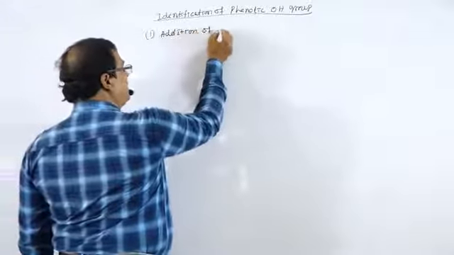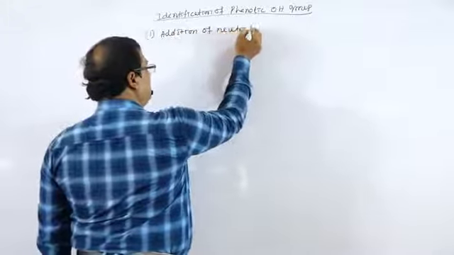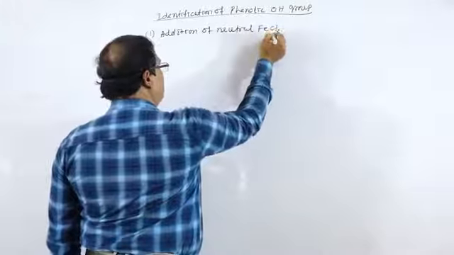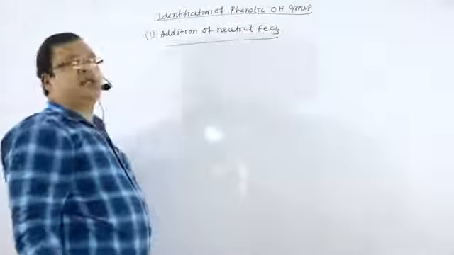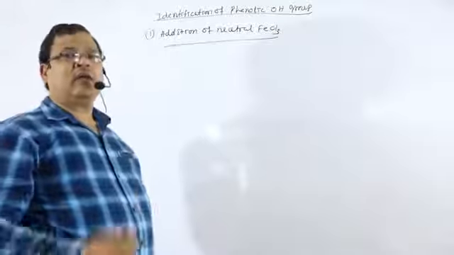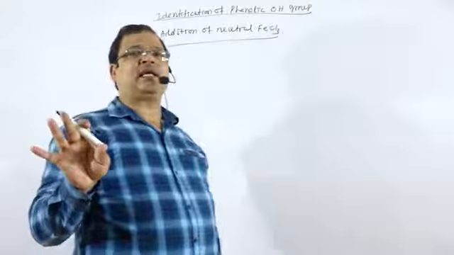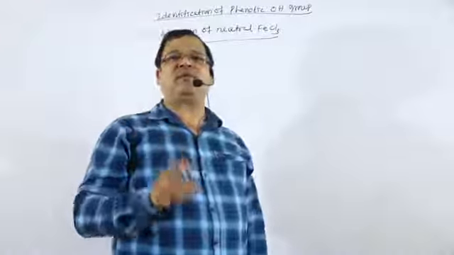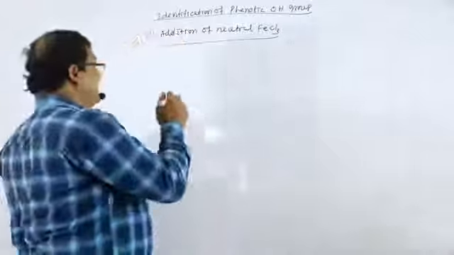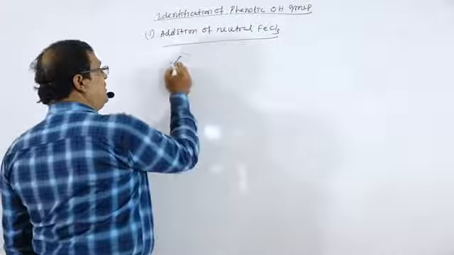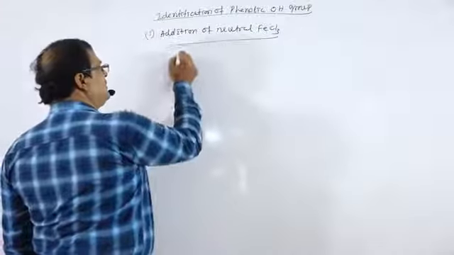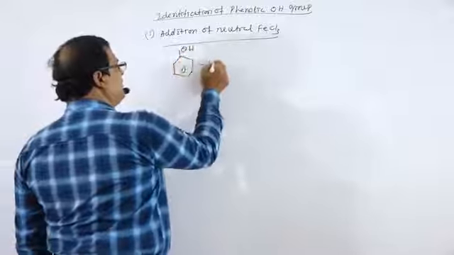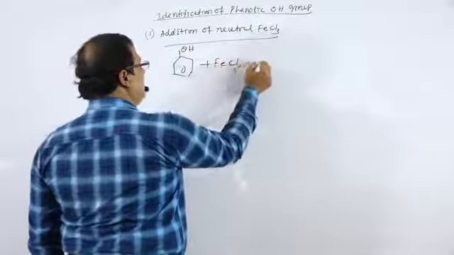of neutral FeCl3, addition of neutral ferric chloride. Already we have explained all these reactions, but we have to start from the portions that we have covered. That is the reaction with neutral ferric chloride: phenol is treated with neutral ferric chloride.